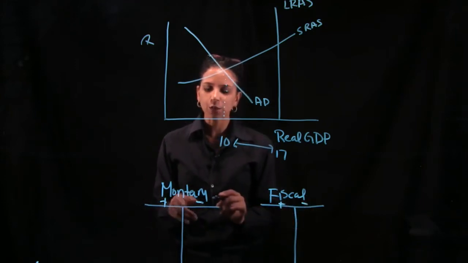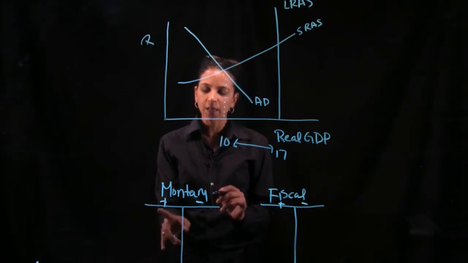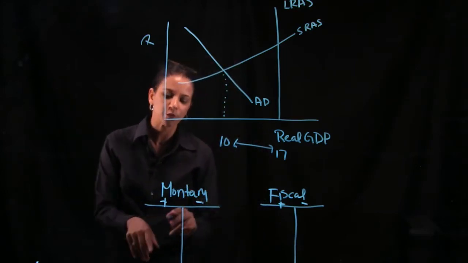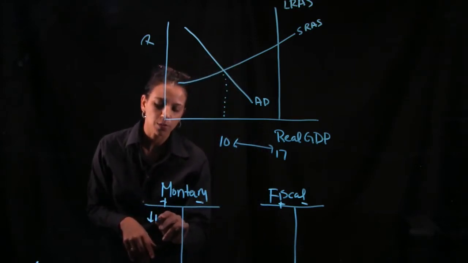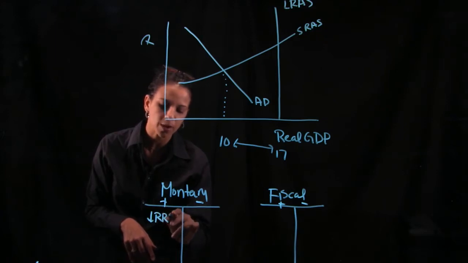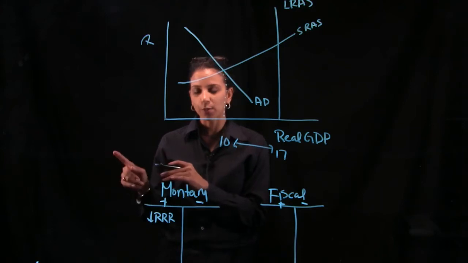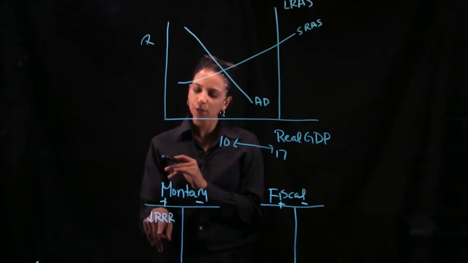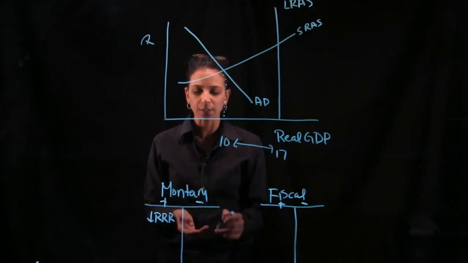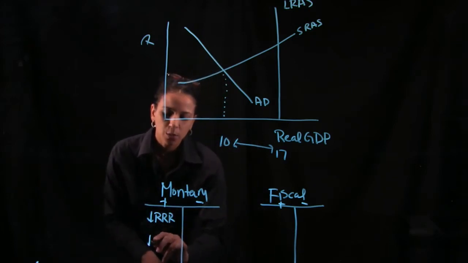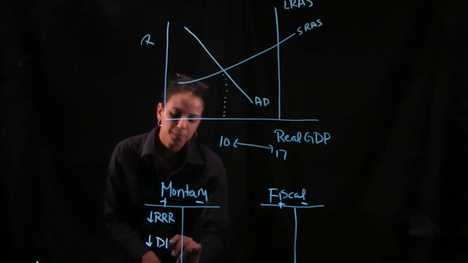So some of the things that I can do as far as the Federal Reserve is concerned, they could manipulate the required reserve ratio. If they lower the required reserve ratio, and remember the required reserve ratio is nothing more than how much money gets locked up at the Federal Reserve every night, that means there's more money available for loans. They can also lower the discount rate.